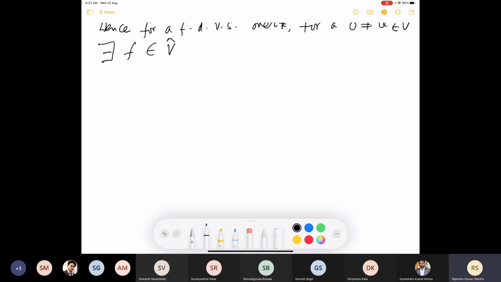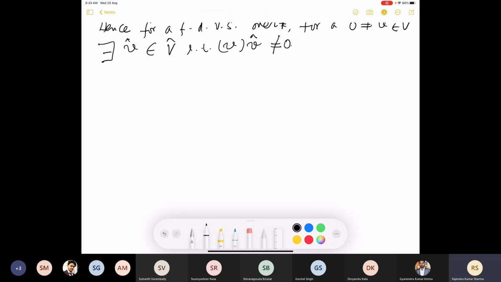Instead of writing v hat, we shall prefer to write this, such that v under v hat is not zero.